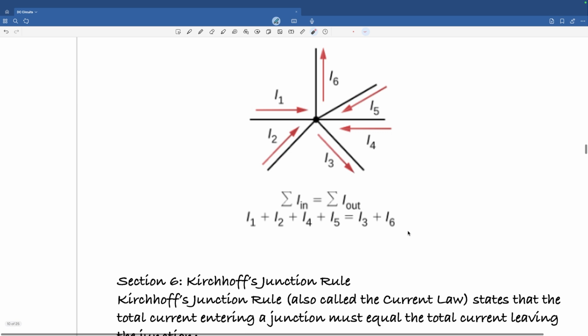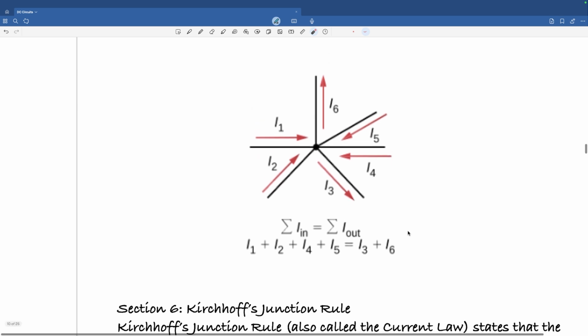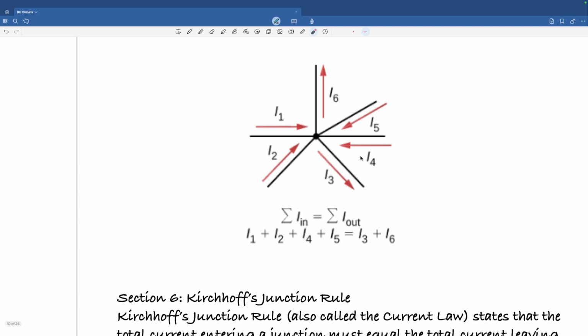The first of Kirchhoff's rules is actually called the junction rule, Kirchhoff's junction rule, because you're looking at an electrical junction. So at any electrical junction, which is a part of a big electrical circuit, there will be some currents coming in and some currents going out.